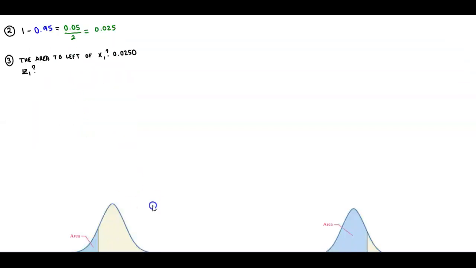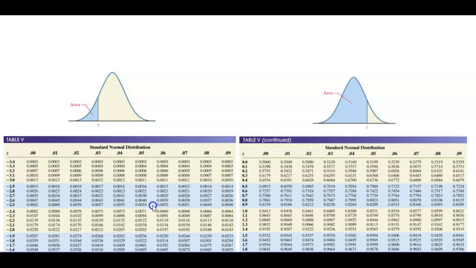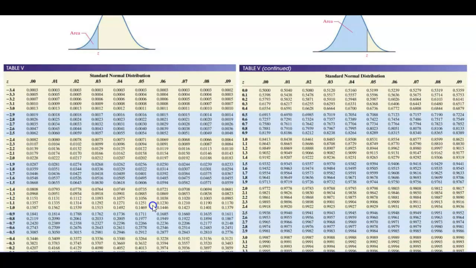So we're going to go down here and look for the area of 0.0250. Let's see here, 0.0250. Right there.